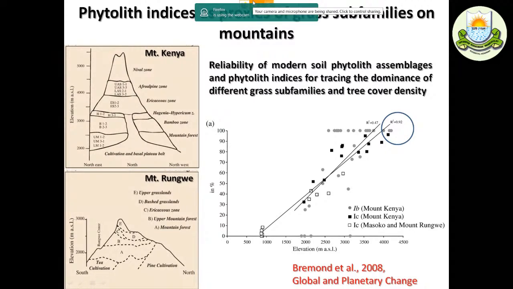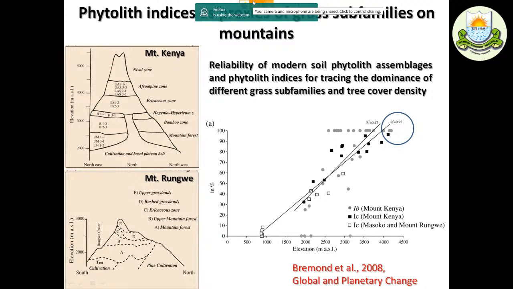They studied two East African mountain ranges and one East African lake, covering from tropical to 4,500 meter elevation, and collected about 25 surface soil samples. They also had botanical data in support of their surface soil data, and they found that with rising elevation, this IC index increases.